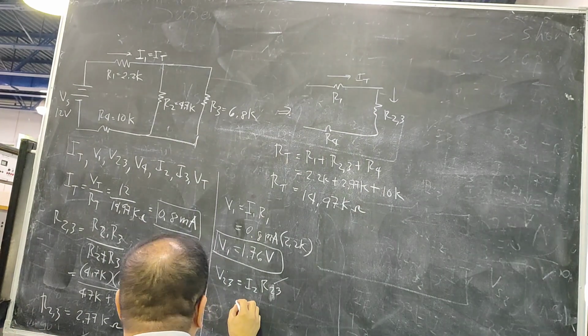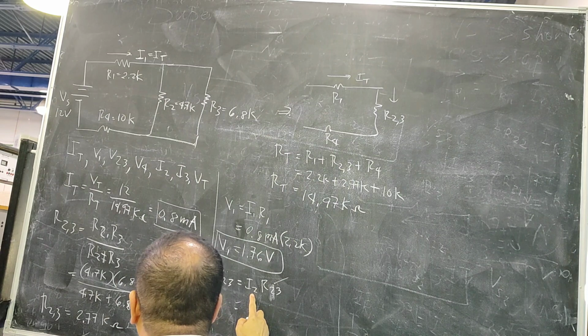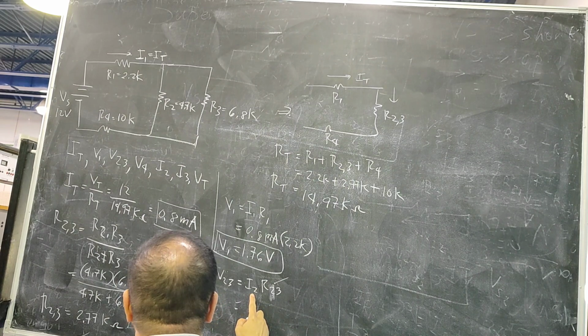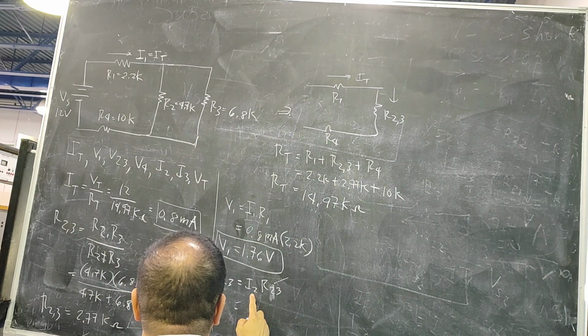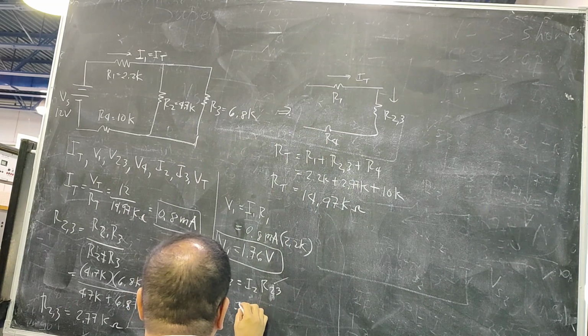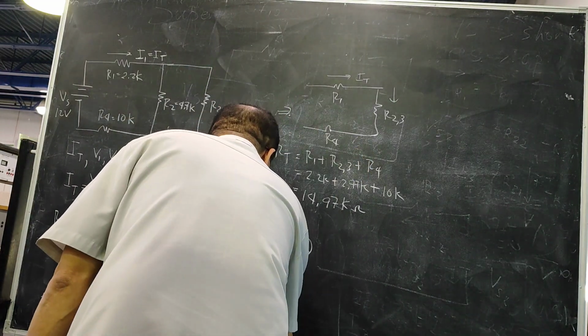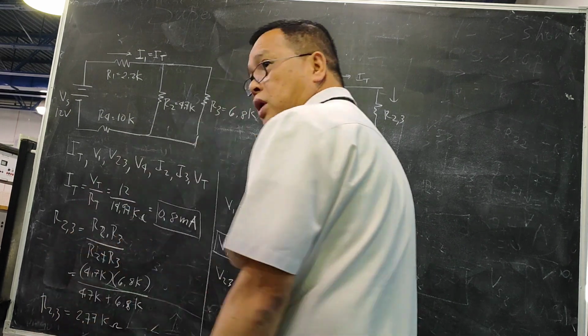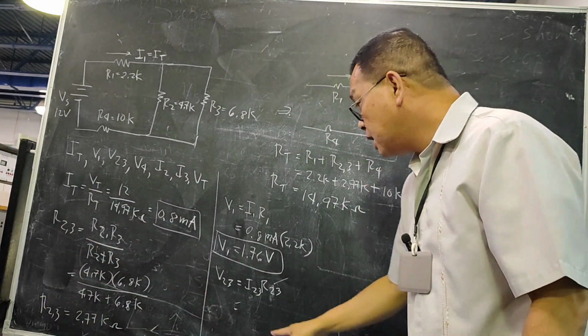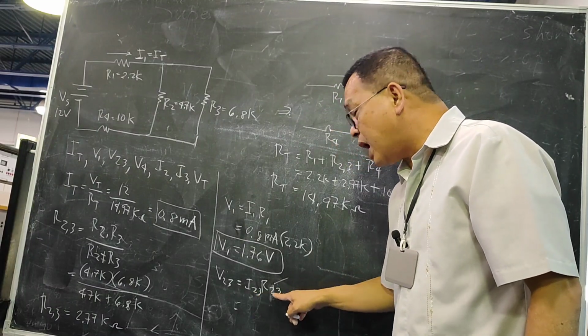Meaning here I2, but what is I2? It's I23 and it's 0.8. So let's put it as I23. So V23 can be written as I23 R23, right?